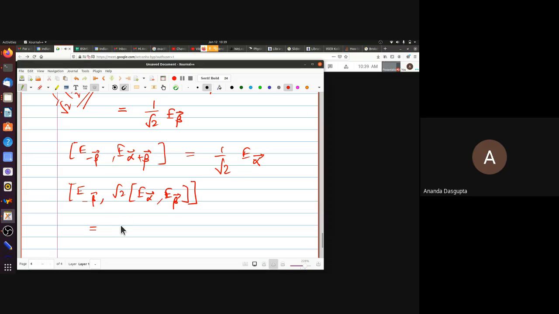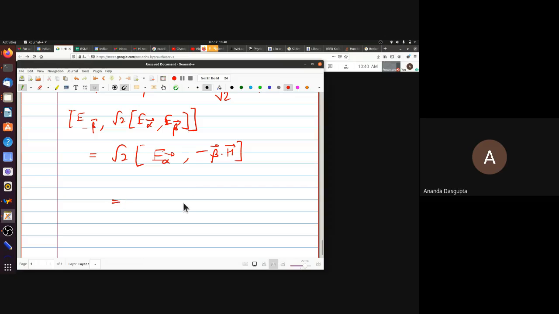What is this going to be? Root 2? Well, I'm going to just drop the first term because I know it's going to be 0. E minus beta, E alpha. Just going to write this as E alpha, then you have E minus beta, E beta commutator, which is minus beta dot H. Right?